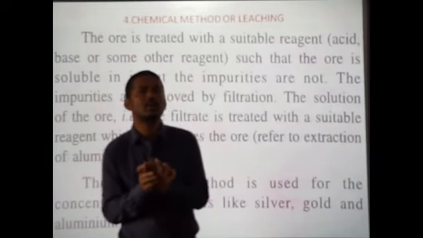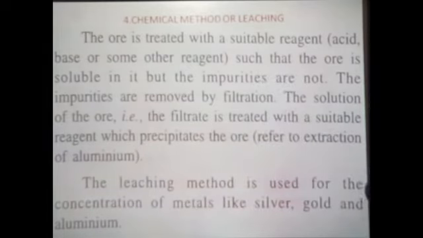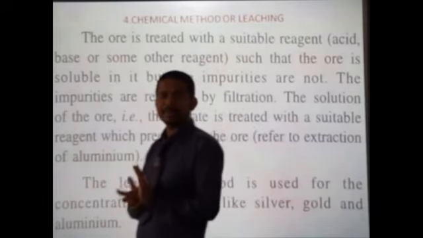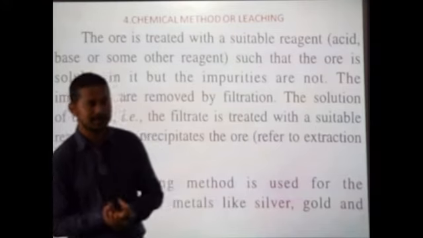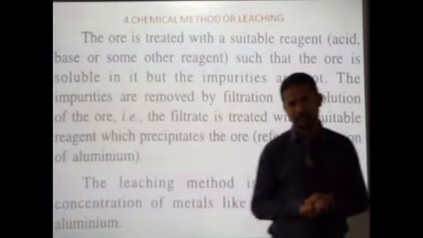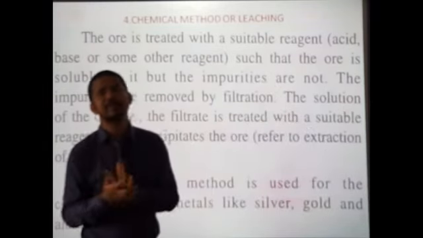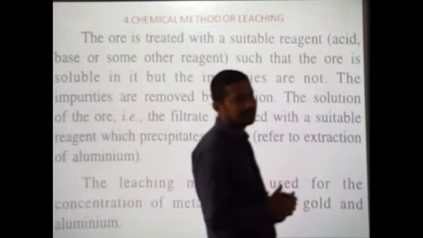The soluble ore particles pass through the filter paper or muslin cloth, while the impurities are left in the filter paper as residue. The filtrate contains the ore and the reagent.